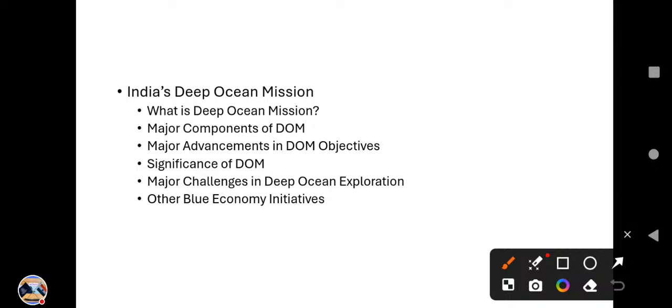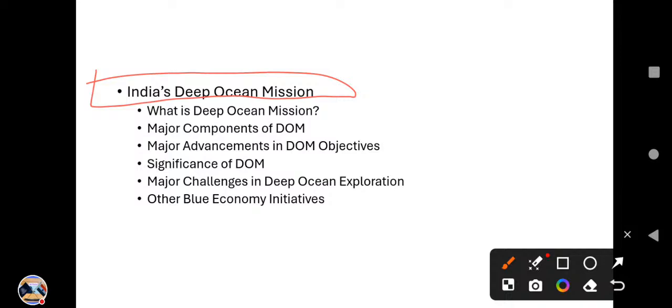Okay. Next is India's Deep Ocean Mission, which was in the news. India's Deep Ocean Mission is a comprehensive effort to explore and harness the potential of the ocean's depths.